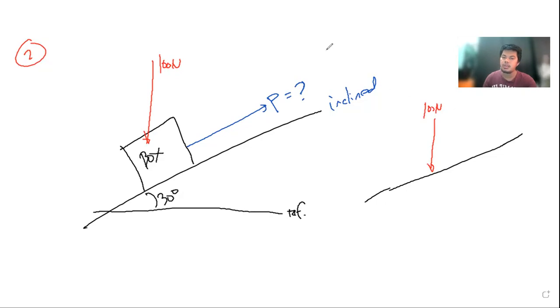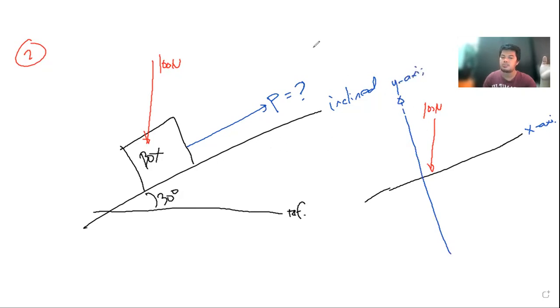For simplicity, we can set this one as our imaginary x-axis, and this one also is set as our imaginary y-axis.